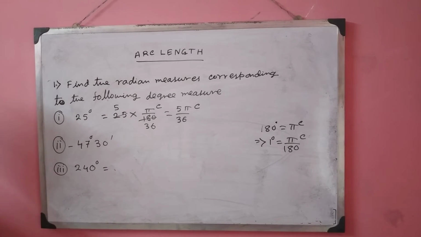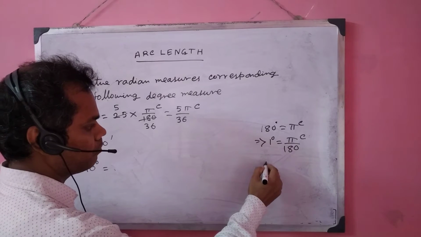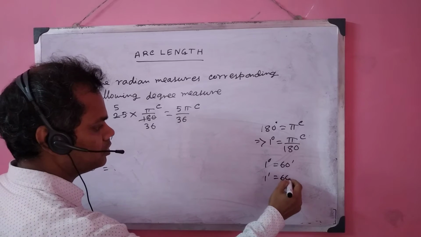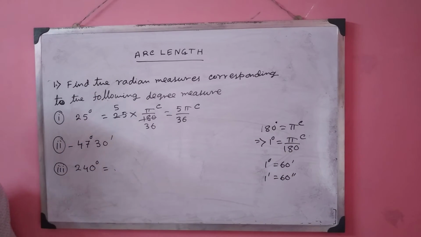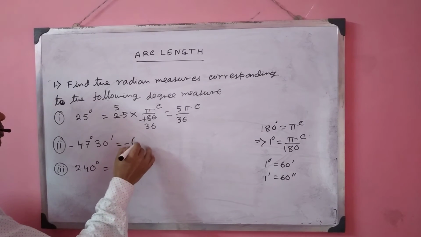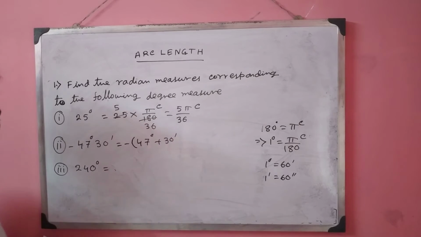Minus (47 degree 30 minutes). Here 1 degree equals 60 minutes, 1 minute equals 60 seconds. So minus of 47 degree plus 30 minutes.